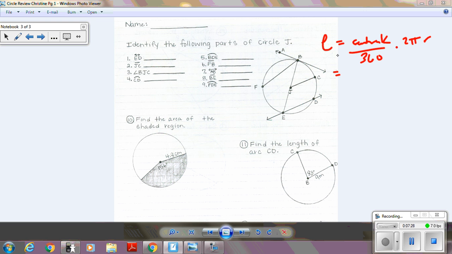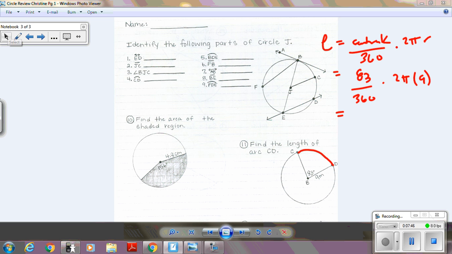So for this arc CD, the central angle is 83 degrees times 2 times pi times the radius, which is 9 meters.